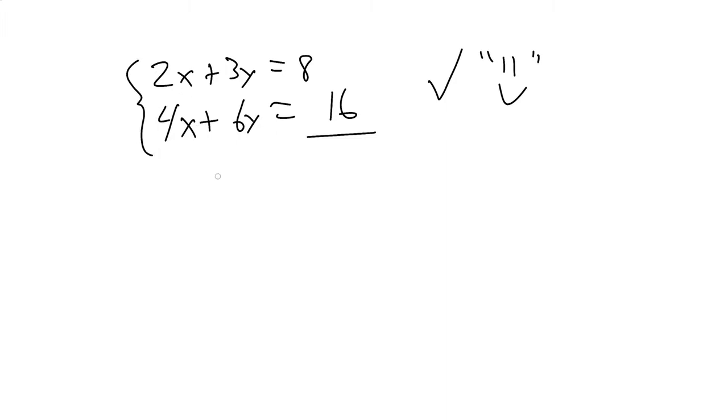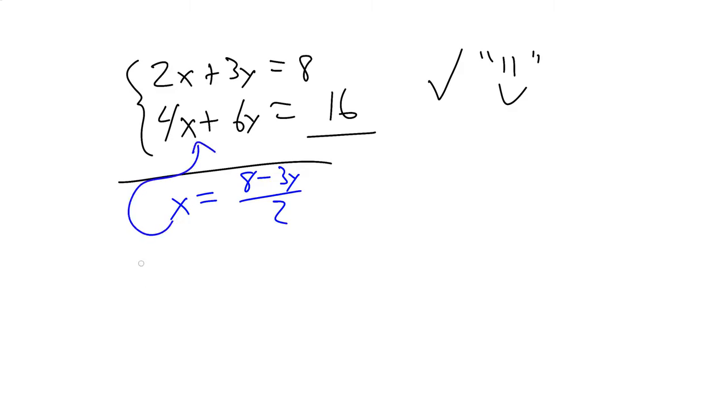In fact, if I tried to solve it using the same process I did before, right? If I say, well, I'm going to solve this thing for x, and I'm going to discover that x equals 8 minus 3y over 2, and then I'm going to substitute that x into this guy, and I'm going to end up getting 4 times 8 minus 3y over 2 plus 6y equals 16.